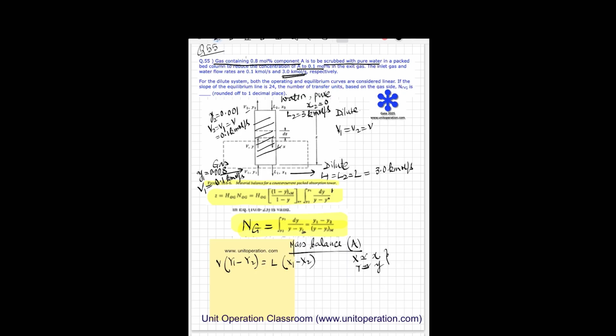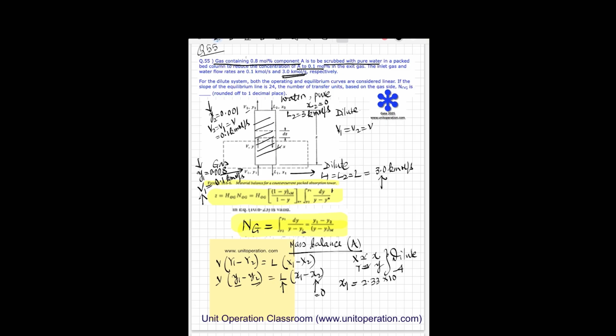Since we know V, Y1 and Y2, L, and X2, which is equal to 0, we can calculate the value of X1, and that comes to be equal to 2.33 times 10 to the power minus 4. The detailed calculation is shown on our website.